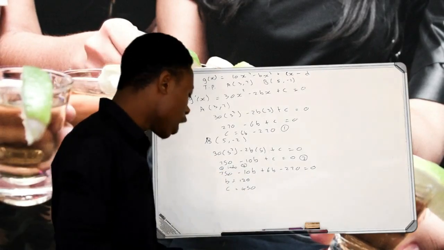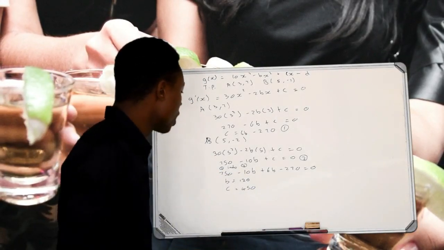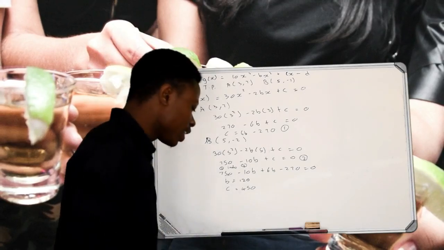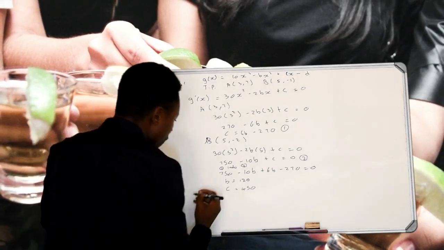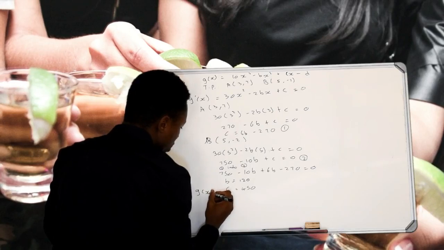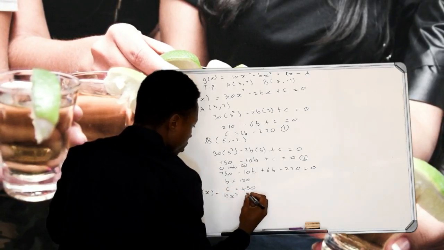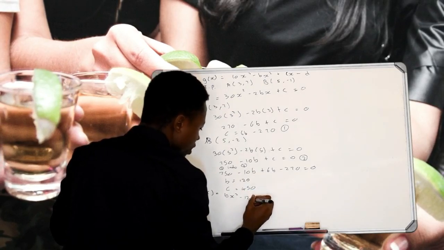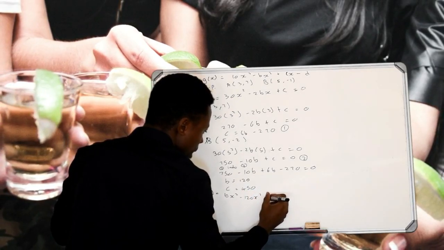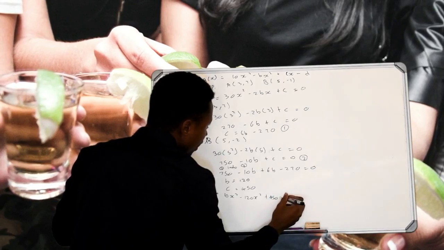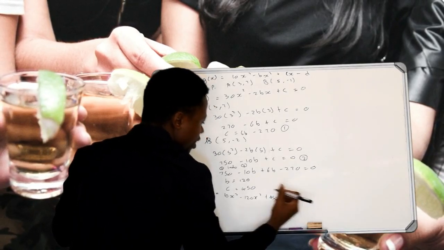I can find what d is by substituting. Let me just write it down. Let's see what I have now. What I have now is g of x is equal to 10x cubed minus 120x squared plus 450x minus d, right?